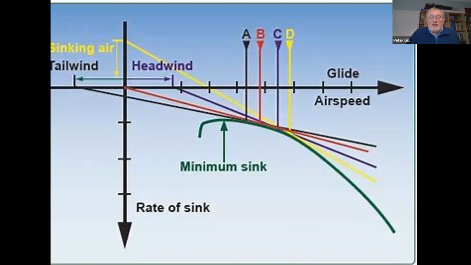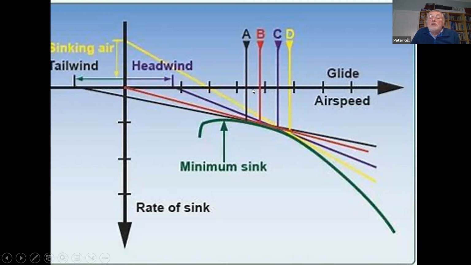We can use this curve to look at the effect on getting the best performance from the glider. In this case, we've got the green curve showing the glider performance. It's all nominal, so there's no units on it. And as on the K13 chart, if we draw a line from the origin to the tangent to the curve, you see it's at point B. And what that's saying is, if you fly it at that airspeed, you're getting the best possible glide angle.